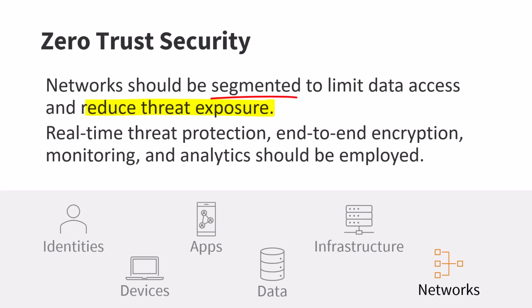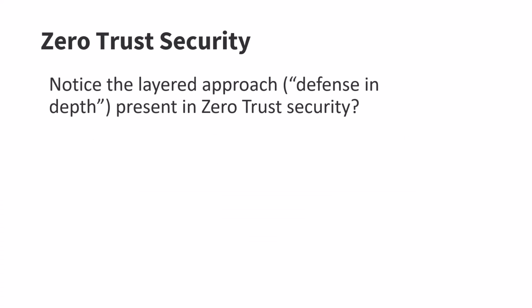And real-time threat protection, end-to-end encryption, monitoring, and analytics should be employed to make sure that we're identifying and responding to threats in real time in a largely automated fashion. That's where next-generation firewalls like Azure Firewall and intrusion prevention are going to be helpful. But notice the layered approach, the defense in depth that's present in zero trust security.